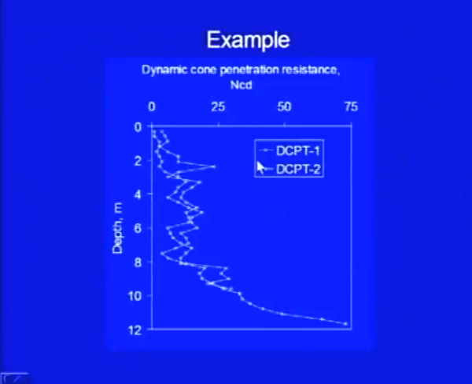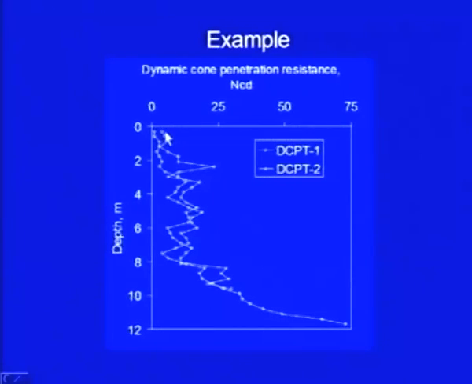Here I have taken an example. The x axis is representing NCD and here it is depth. You can see there are two tests we have done. In one of the tests at 2 meter depth, there was a sudden increase in the NCD value, then it came down and then it followed the trend.